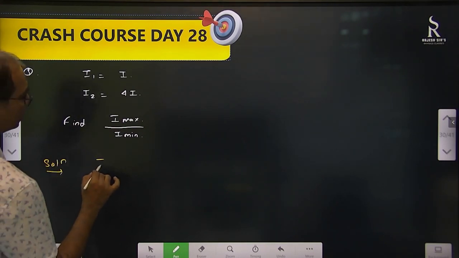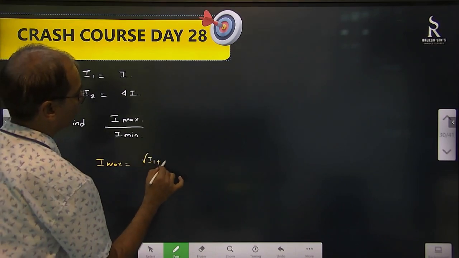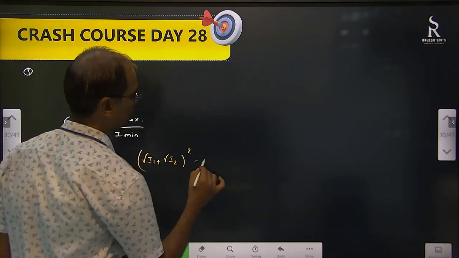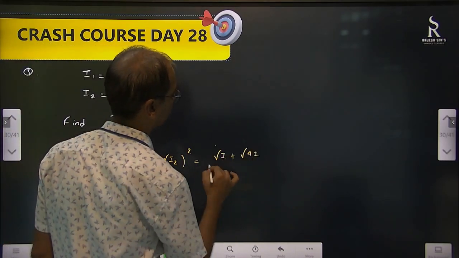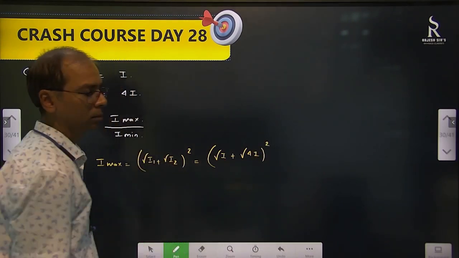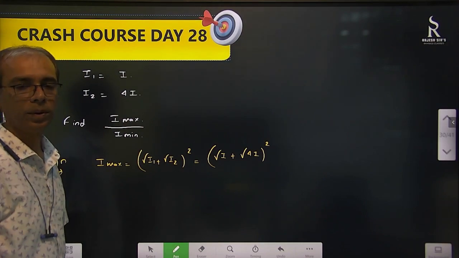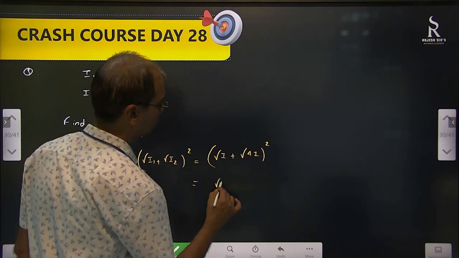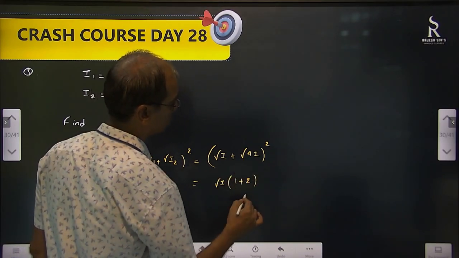I max is root I1 plus root I2 whole square. That means root I plus root 4I whole square. Now I can take root I common. It's 1 plus root 4, that means 2. It's a square.